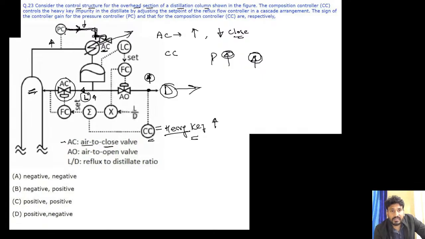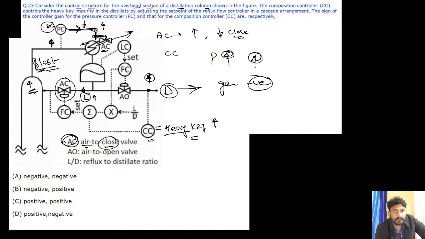So PC must be indirect acting, so its gain must be negative. If it is indirect acting, what will its gain be? Negative. Let's suppose it is direct acting, so pressure has already increased here. This controller will receive the higher signal because it is direct acting, and it gives the higher signal to this valve. This valve is air to close, so it will close. Then a blast condition will happen.